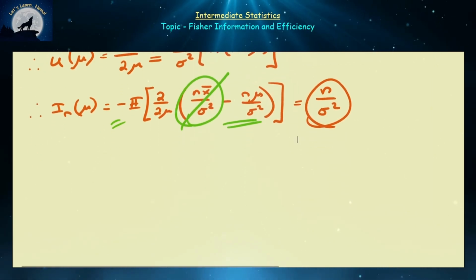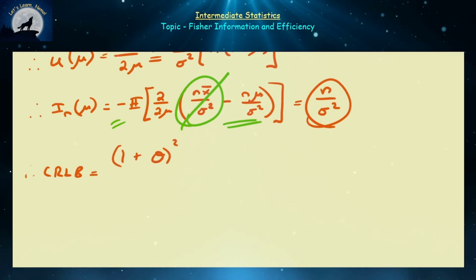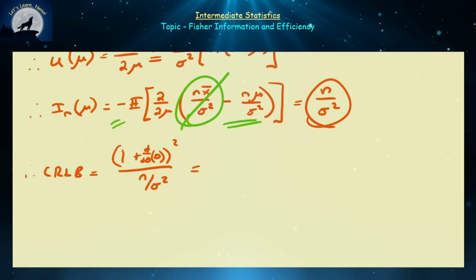Once we have n over sigma squared, then the Cramér-Rao lower bound will be equal to 1 plus the derivative of the bias, squared. Right? So what is the derivative of the bias, squared? That's just going to be equal to 0, all over the Fisher information, n divided by sigma squared. So that's 1 over n over sigma squared, which is just going to be equal to sigma squared, all divided by n.